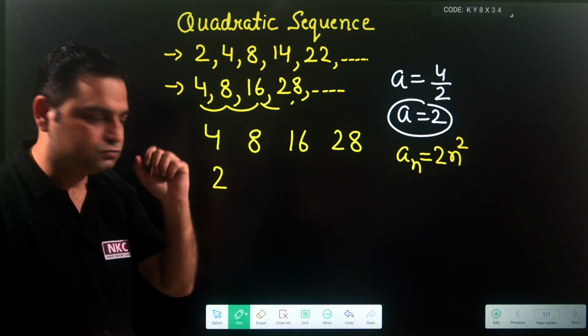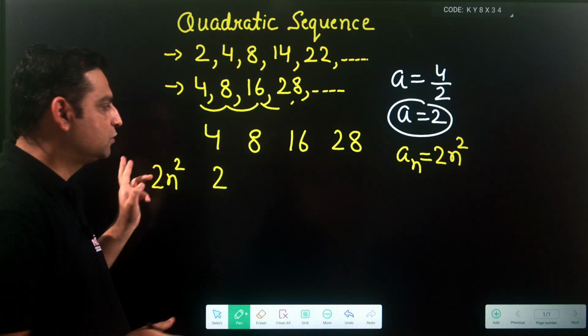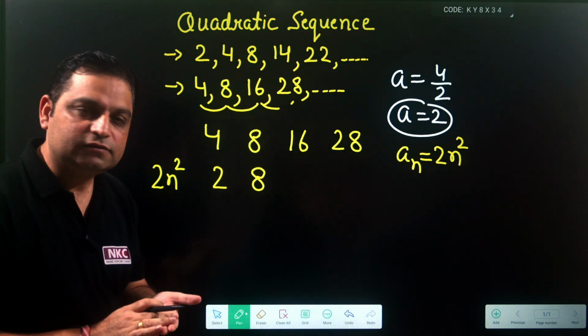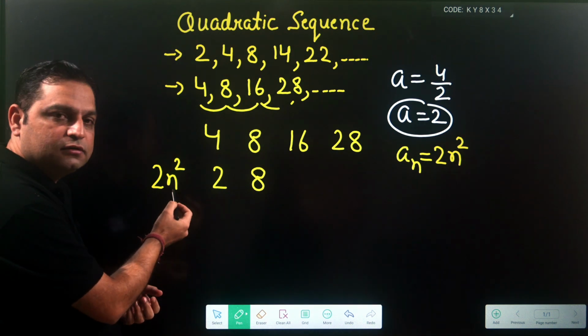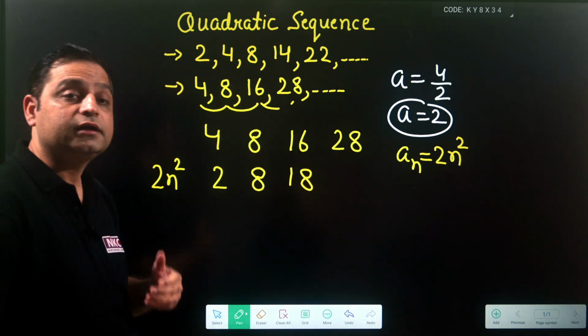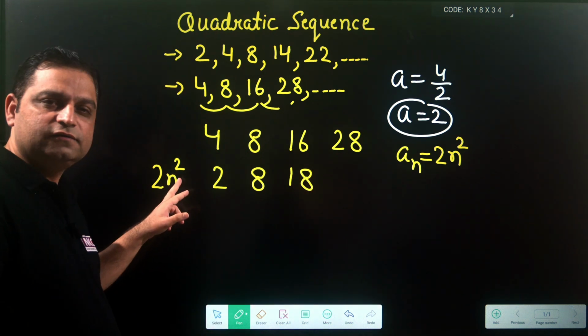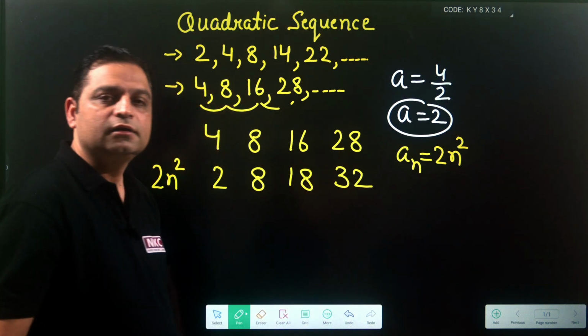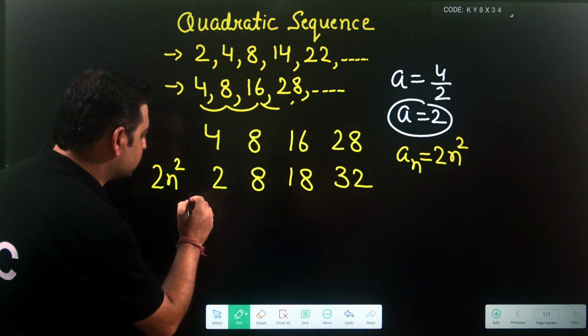Put n as 2. 2 square is 4. 4 times 2 is 8. Put n as 3. 3 square is 9. 9 multiplied by 2, 18. N as 4. 4 square is 16. 16 multiplied by 2, 32. And after that we need to do subtraction.